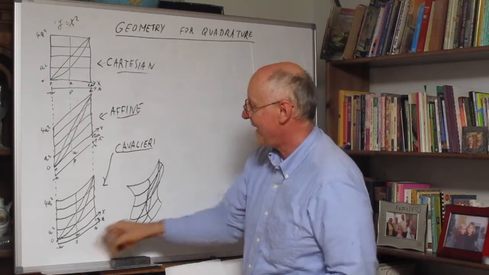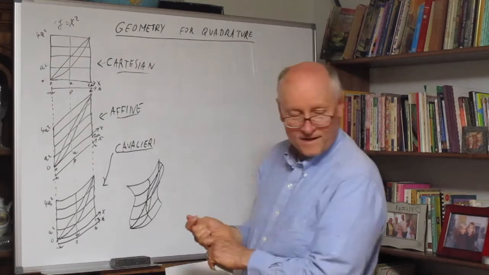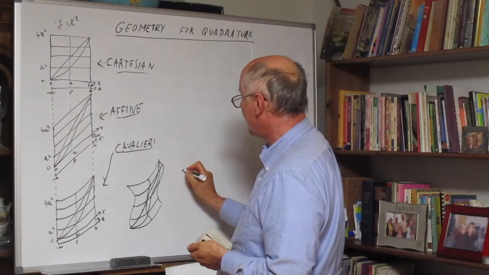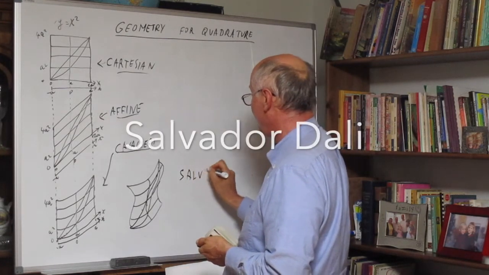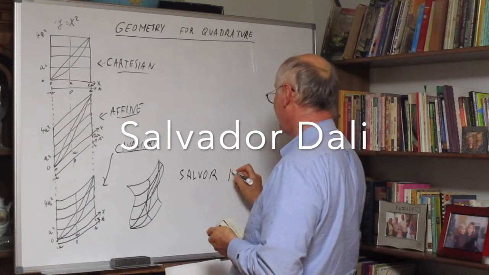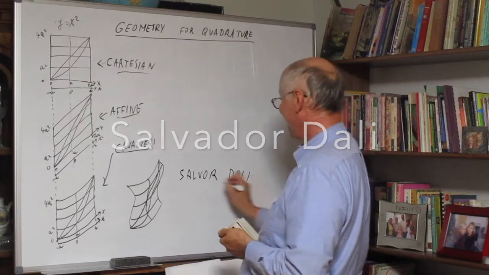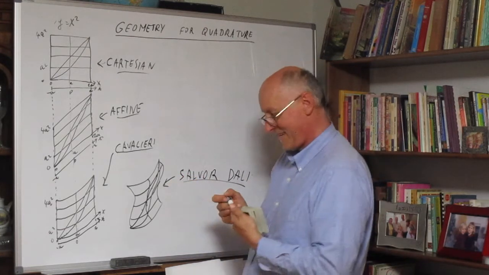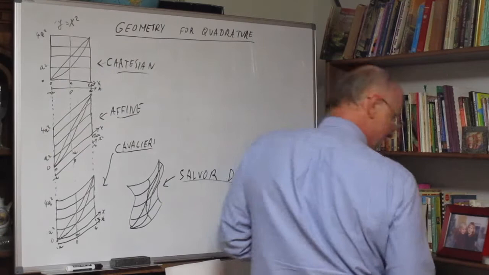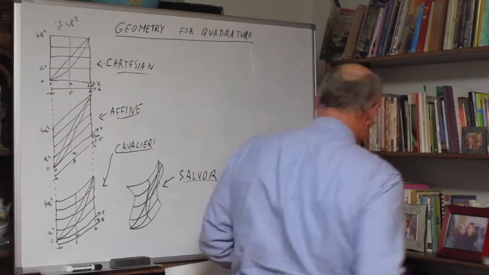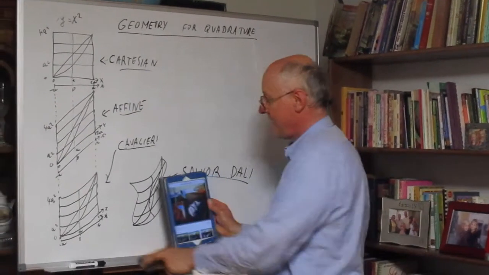Now, we've got to give a name to this one. And the name that I give it is the Salvador Dali. That's the name of this one, right? Where's our Salvador Dali? See this?